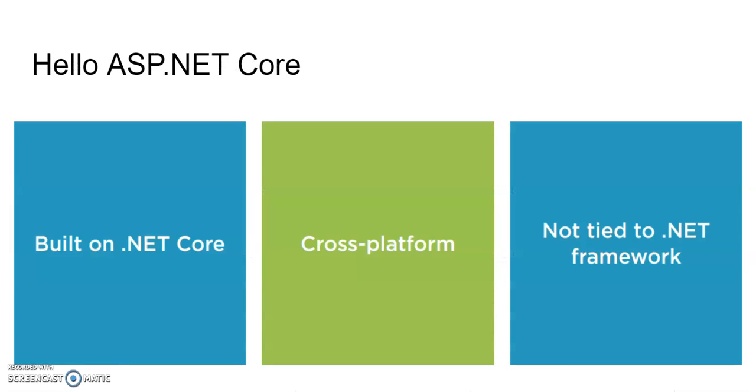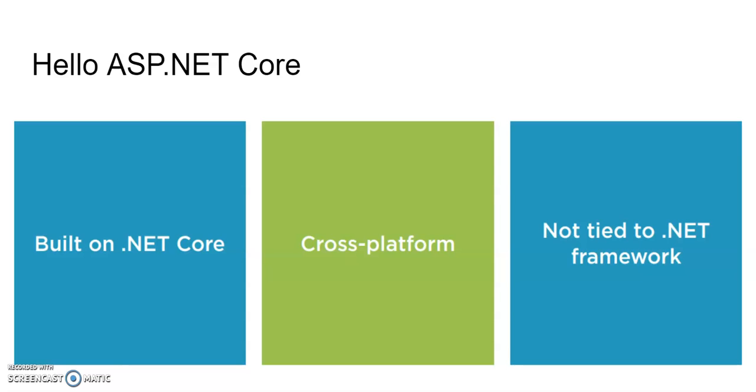ASP.NET Core is built on top of .NET Core, and therefore inherits its benefits. As already mentioned, ASP.NET Core is capable of running cross-platform and is not tied to Windows only.